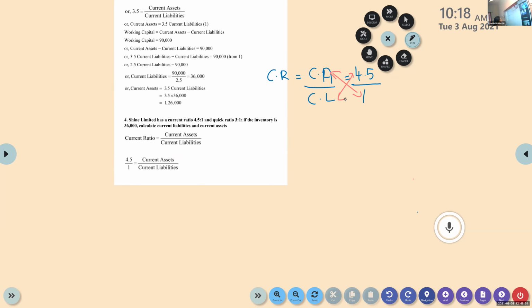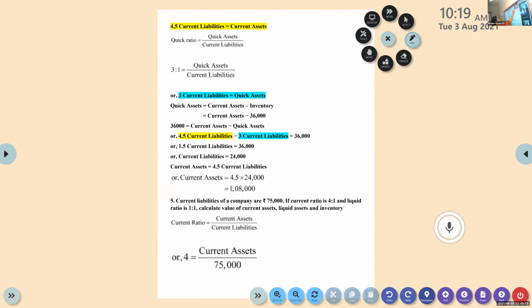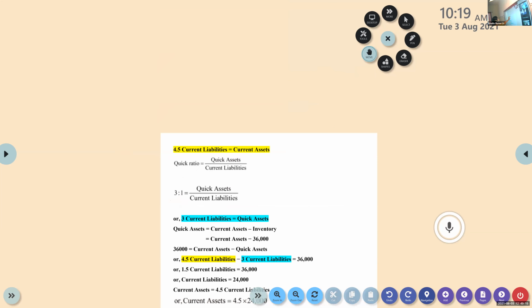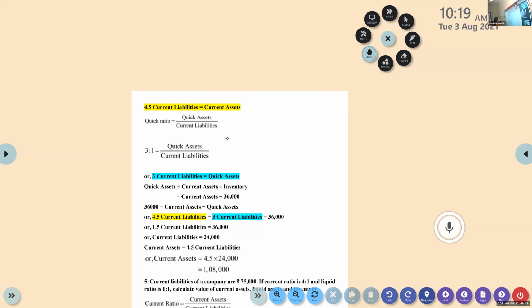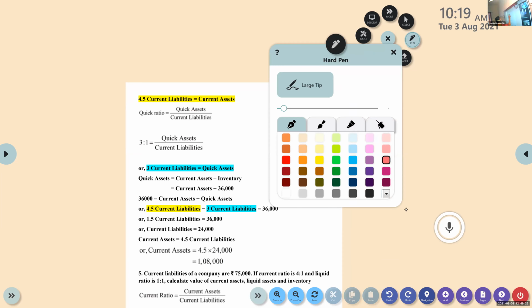So it becomes 4.5 current liability is equal to current asset. That is equation number 1. That much is clear. Take it as equation number 1.